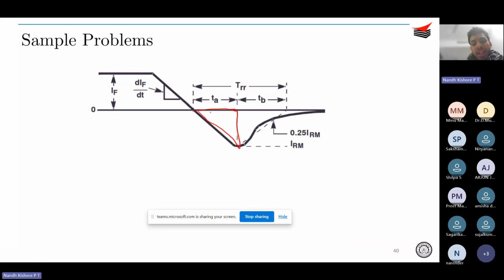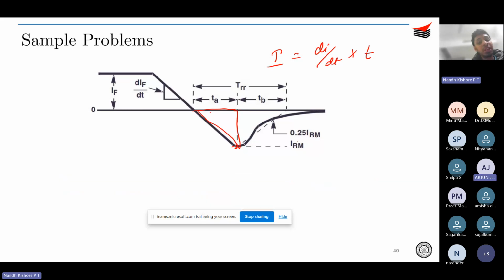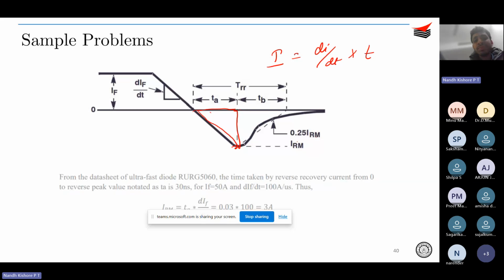Okay. So this is what we are dealing with right now. So obviously your peak reverse current is going to be what? I is equal to di by dt into t. Okay.